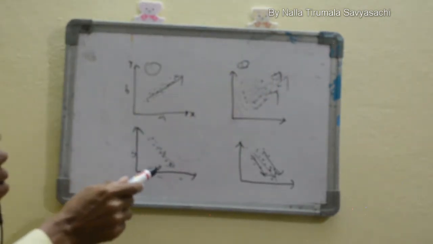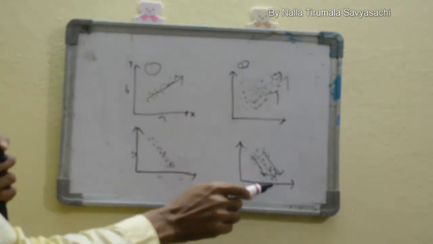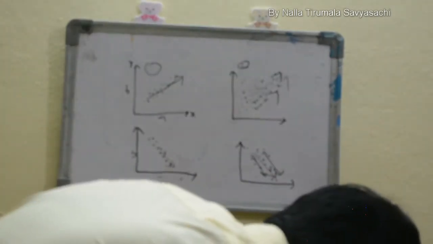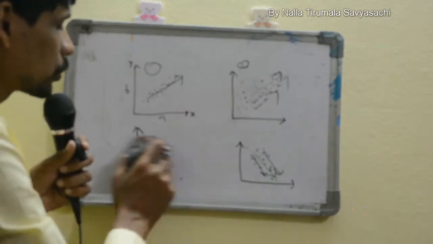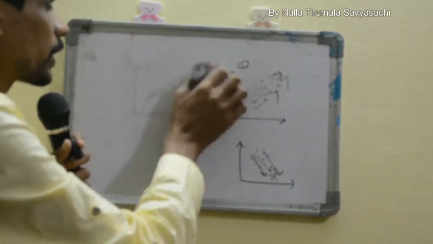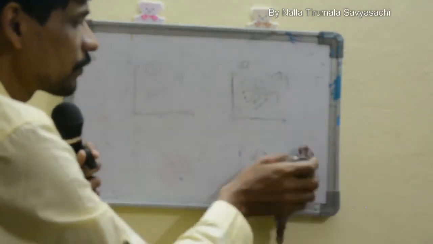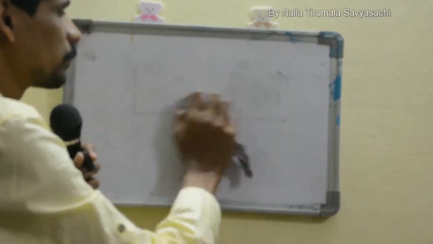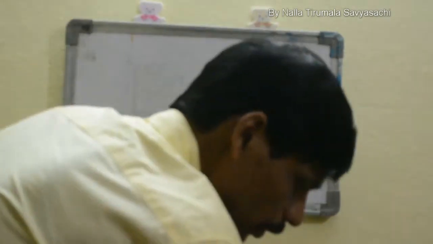In this case a strong linear relationship with negative slope, and a weak linear relationship with negative slope. So in any case, first I will try to plot the given data in a scatter plot, so that by seeing these graphs we can identify what our data looks like and what kind of relationship it has.